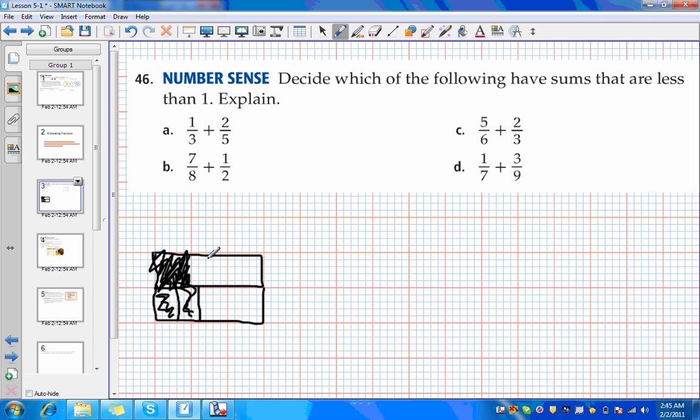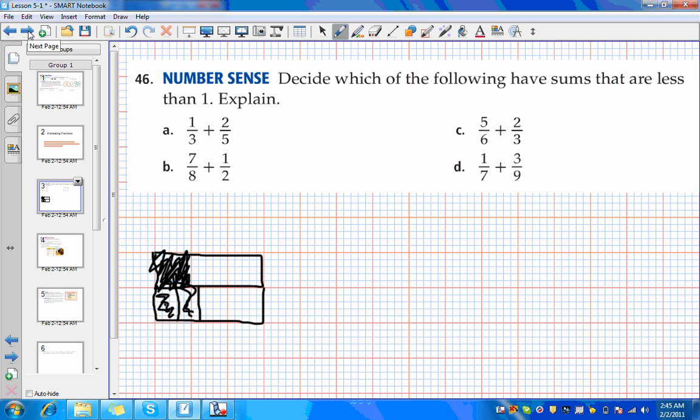So now you have to decide if these two added together would make a whole, would be greater than 1 or less than 1. And then you can do the same for C, B, and D. This is really working on your number sense and your understanding of the size of these fractions.